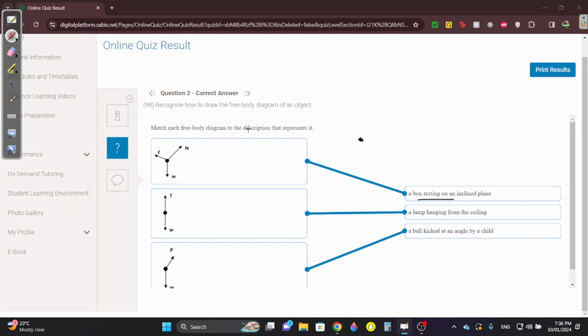Since it's an inclined plane, the normal force will be like this, like I told you, or the other way around, with the inclined plane to the right. Both are correct, by the way. Obviously friction will be in the opposite direction, like this. And this is correct because it has friction opposing it and the normal force.